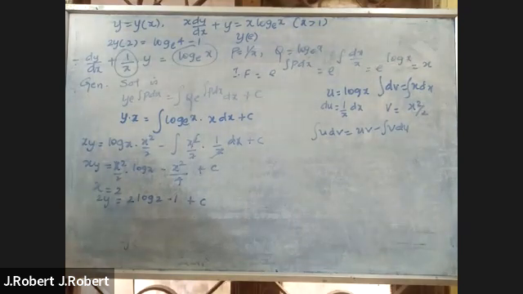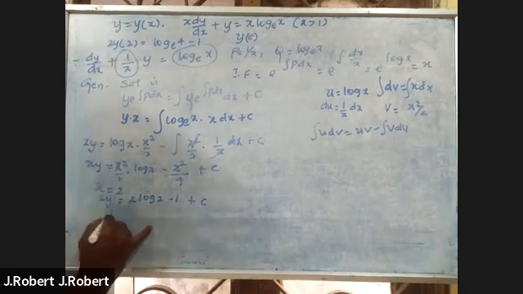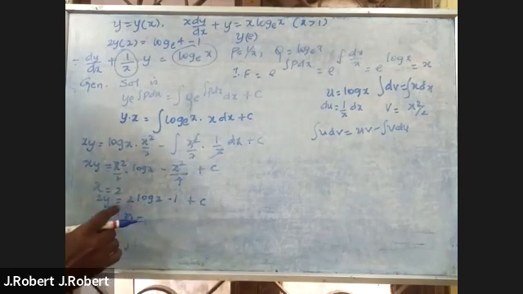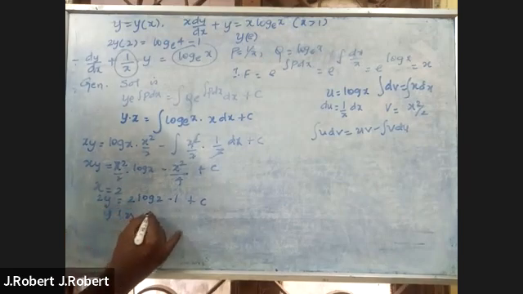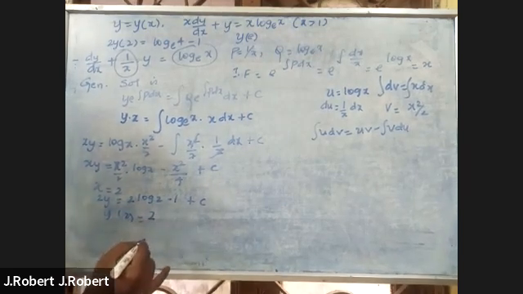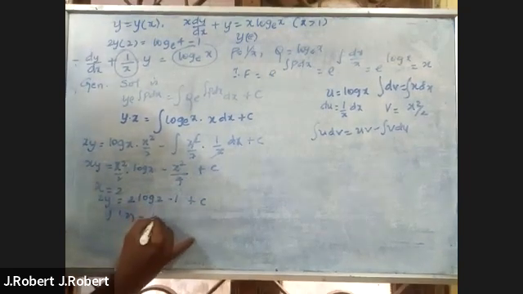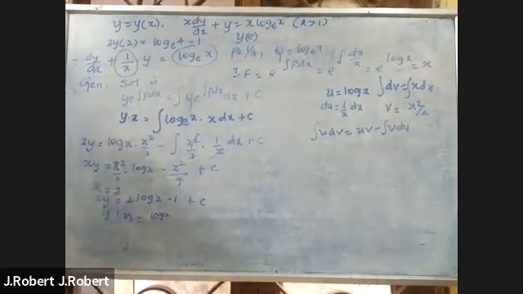So we have to find out what is y of 2. y of 2 is equals to, from this we are going to find out. y of 2 is equals to, dividing throughout by 2, just log 2 will come, isn't it? Because dividing by 2, simply we will get log 2 minus 1.